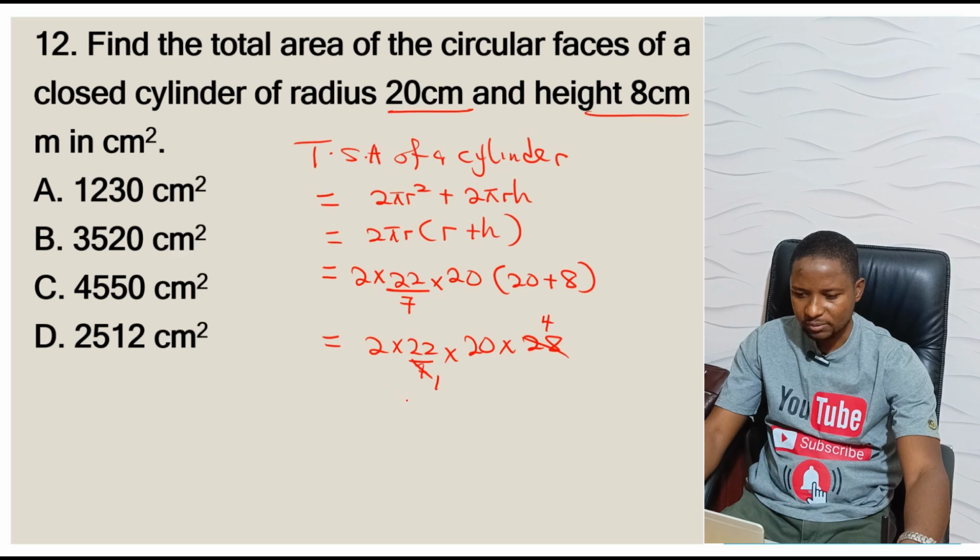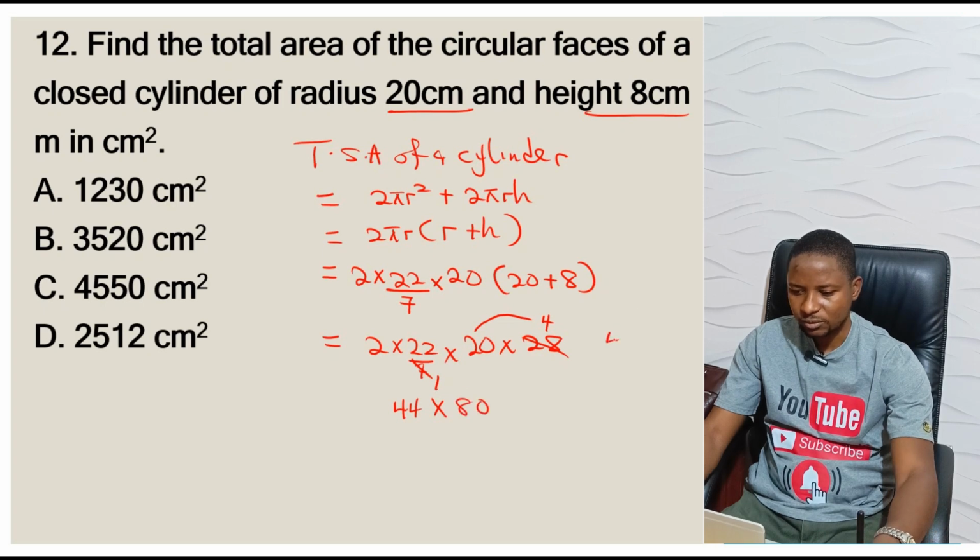So 2 times 22, you have 44. Times 20 times 4, you have 80. So I will just multiply 44 times 8. That's 32, carry 3, 32, 35, then add 0 to your answer.